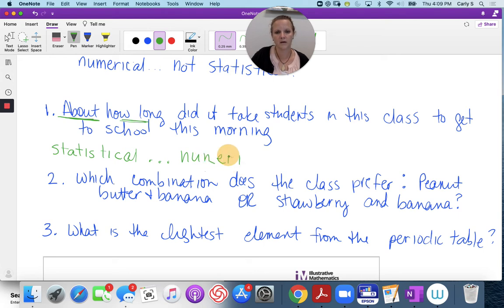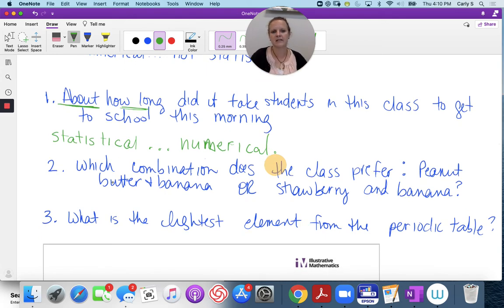With this one we would poll the class. We would ask everybody in the class, how long did it take you? And then we would take all that data and average it together. We would find the average time it took for students. And that time is numerical. We could order the time in a natural way, things like that.